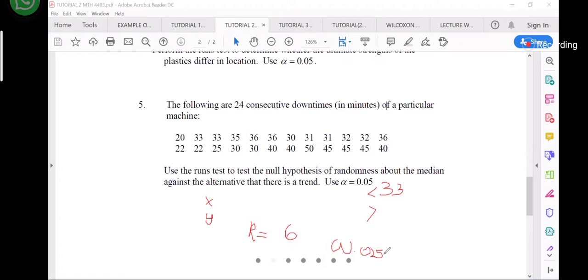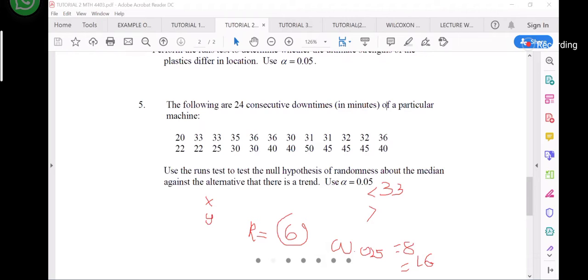You should get 8. Reject if this 6 is less than or equal to 8, or greater than or equal to the upper critical value. What is the upper critical value? 16. So reject or not reject? Reject. For this case, reject.